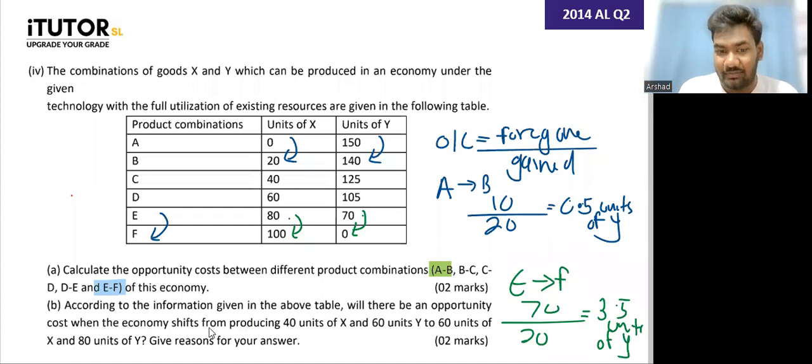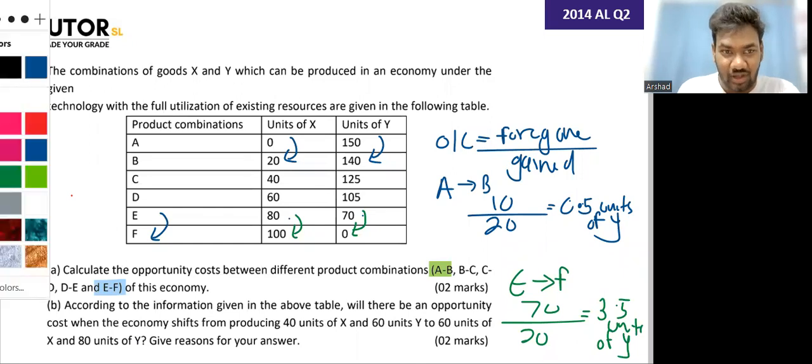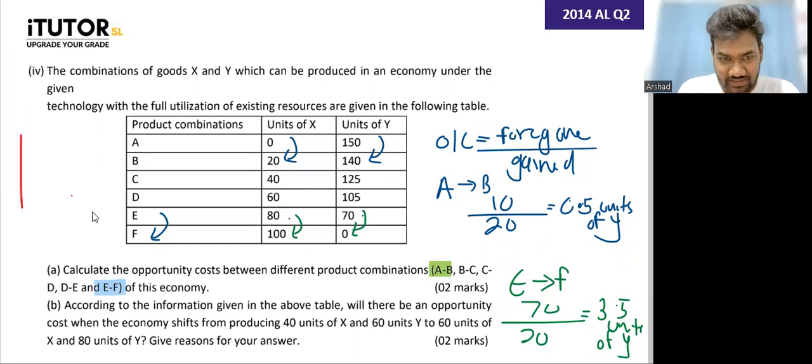Then, according to the information given in the above table, will there be an opportunity cost in the economy when it shifts from 40 units of X and 60 units of Y? Now, here, what I would recommend is to draw the PPC based on these numbers. So let's say this is X, this is Y. You have 0 X, 150 Y, so Y here is 150.